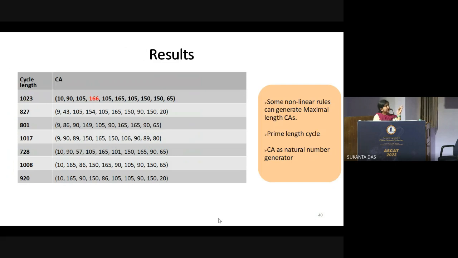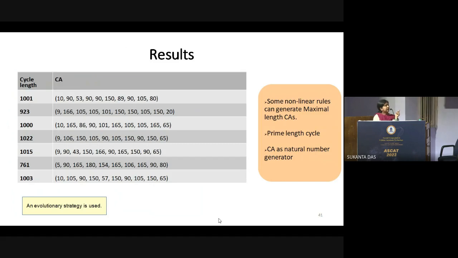The stochastic manner that we developed gives results here, but that's restricted. We do the computation up to 2830. Here we use the evolutionary strategy, and we get the results.